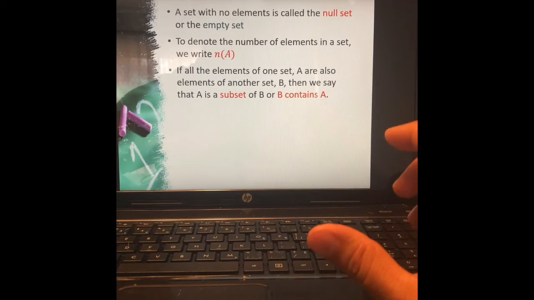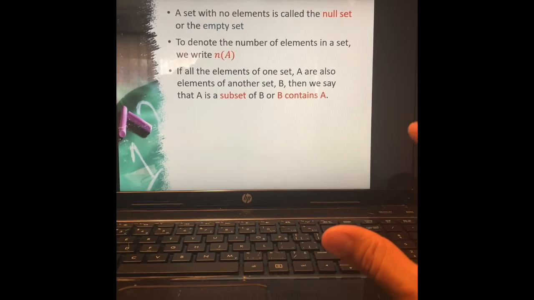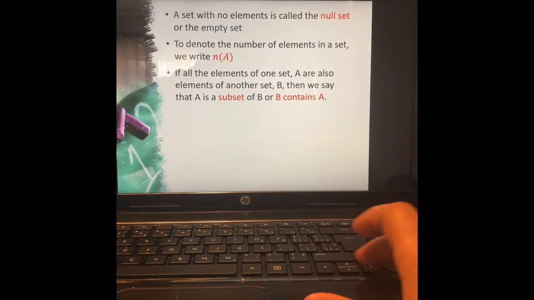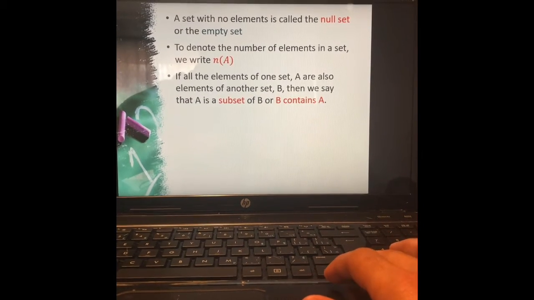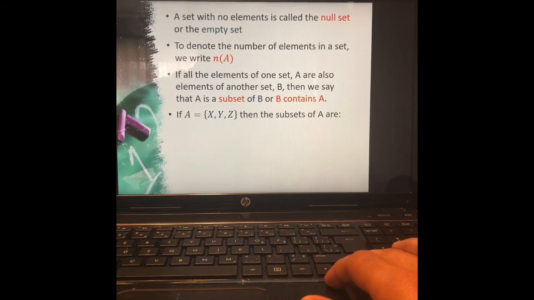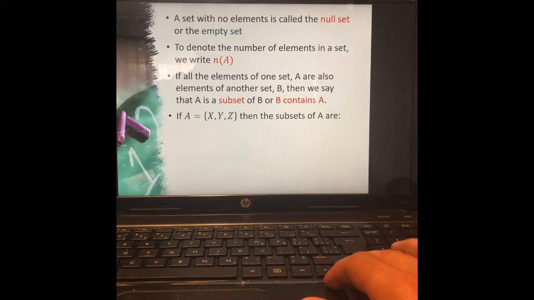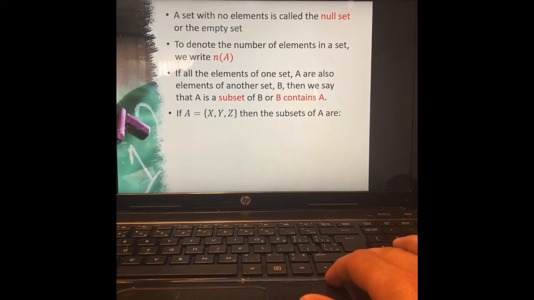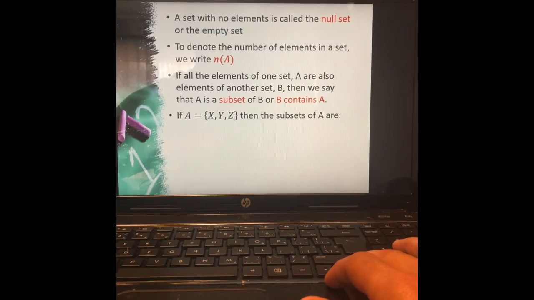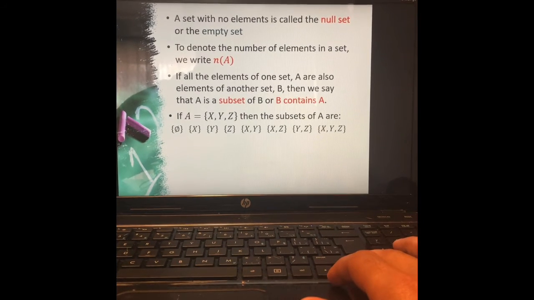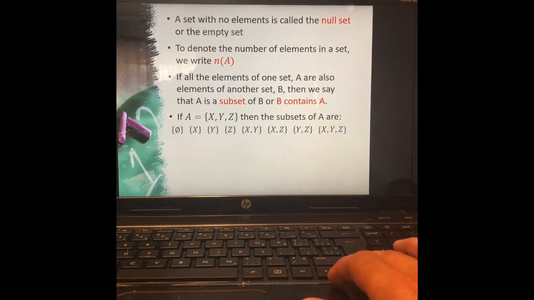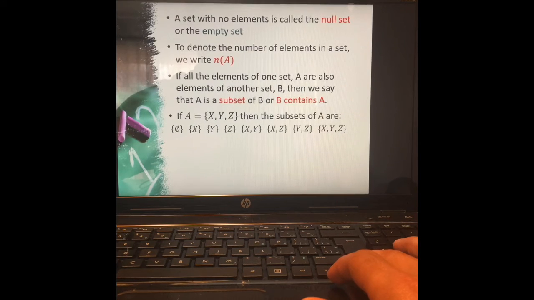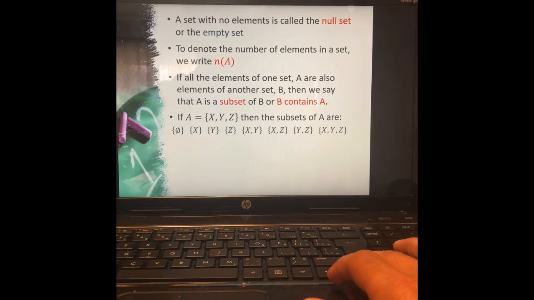So the set university math has the data class as a subset of it. If A is {X, Y, Z}, subsets could be X or Y or Z, or some combination of the two, or some combination of the 3, or the null set.